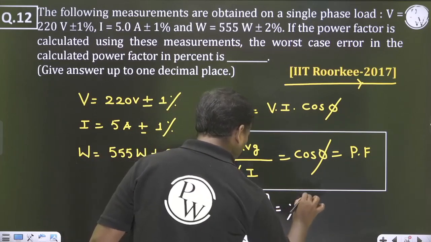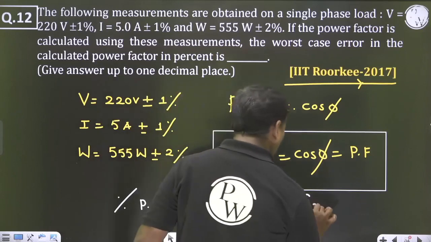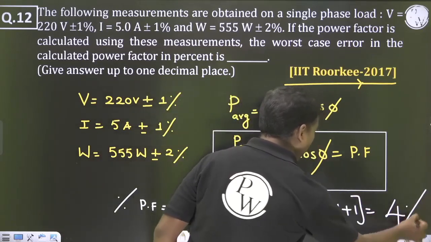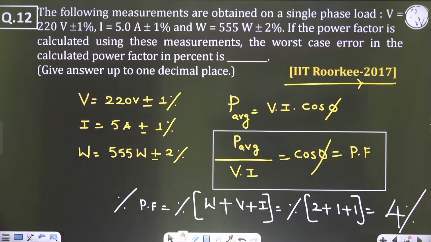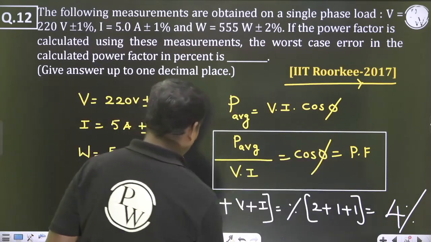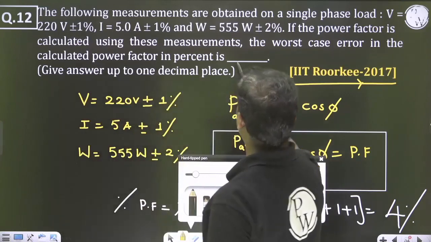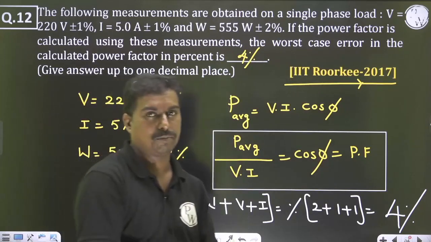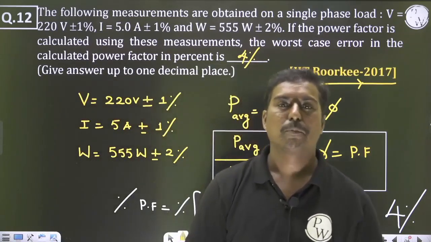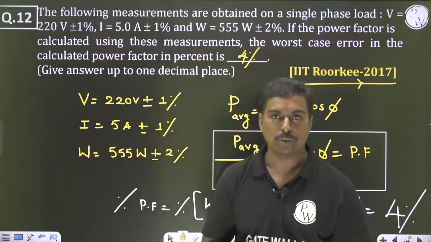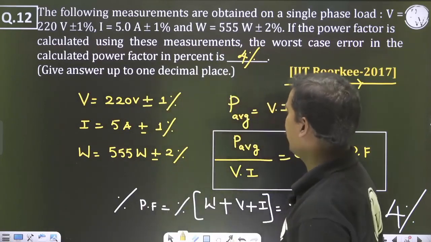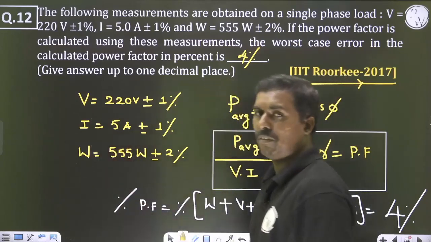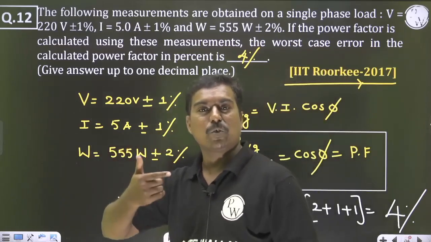So this is 2%, this is 1%, this is 1%. Product of quantities, one decimal place, that means 4.0%. Every year we are getting one question on this model.